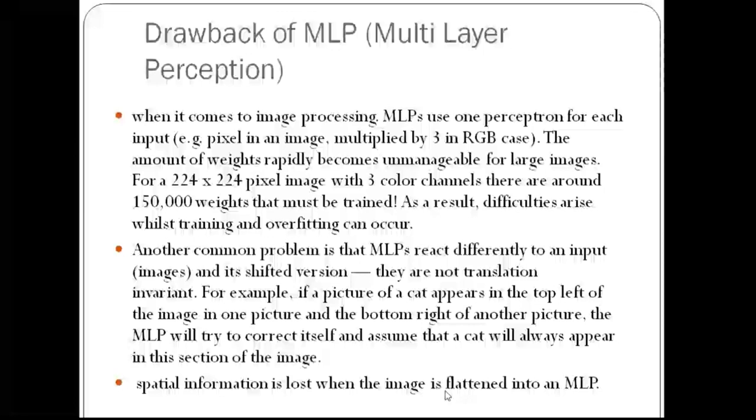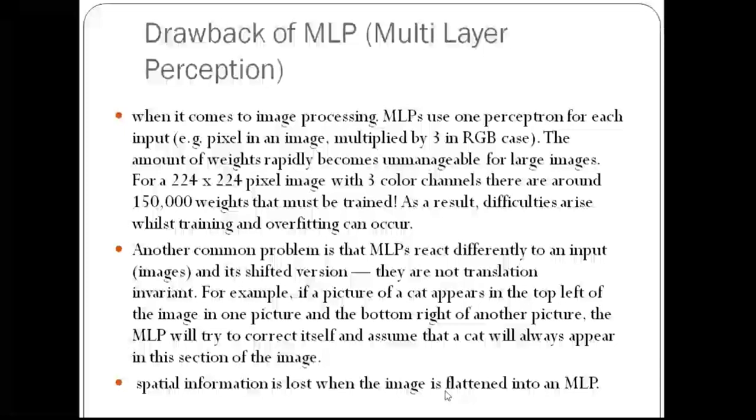So to avoid this, we convert the image using a convolutional network into a small input size. The major problem with multi-layer perceptron or ANN is that it has difficulty recognizing the input in its shifted version.